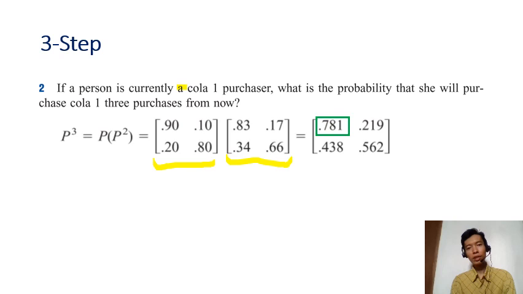It says currently cola 1 purchaser, so we're looking at the first row. What is the probability she will purchase cola 1 again, 3 purchases from now? So we look at the first row, first column of the P to the power of 3 matrix.